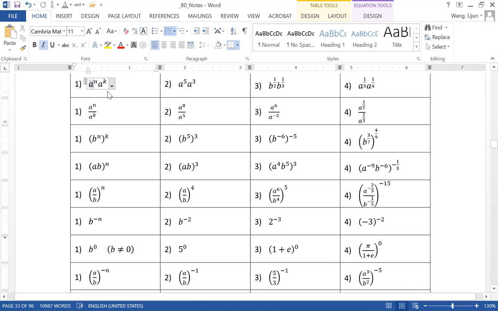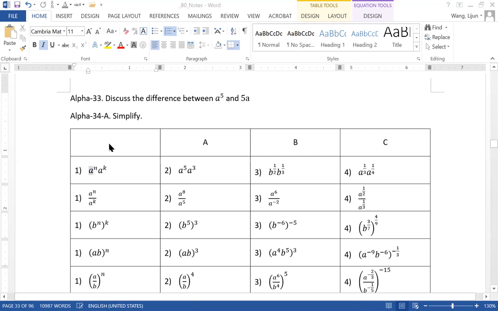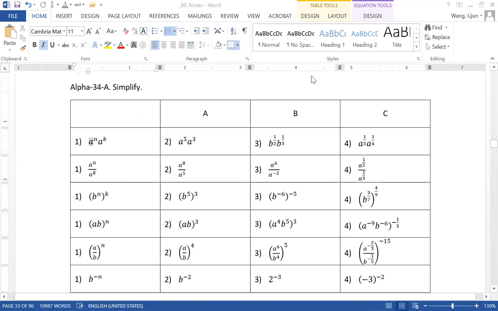I want you guys to write them down. This is in 34A in your notes.